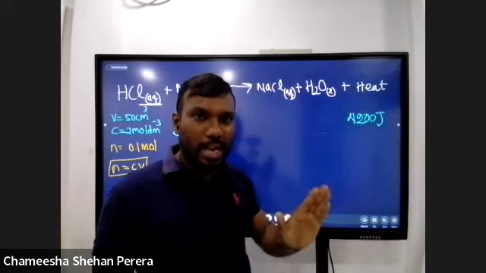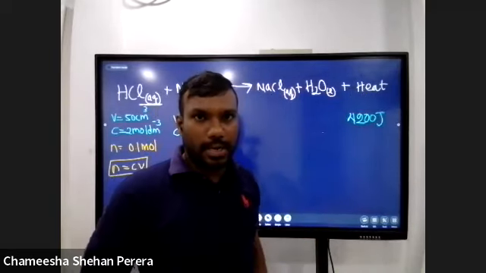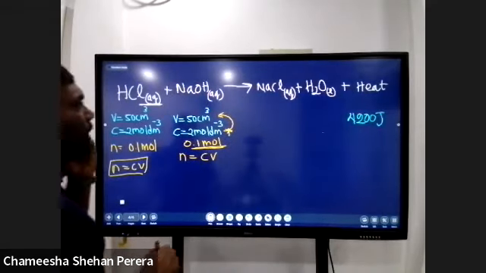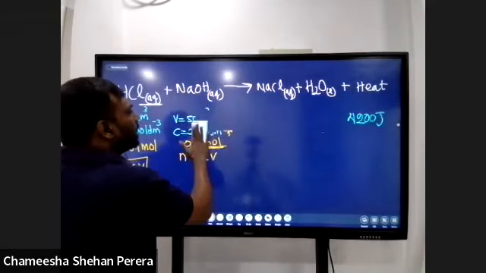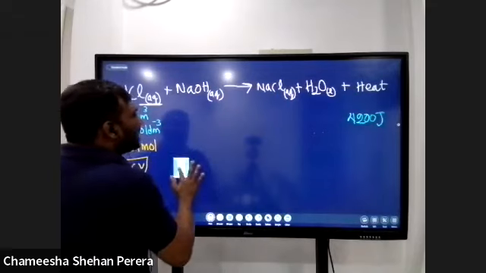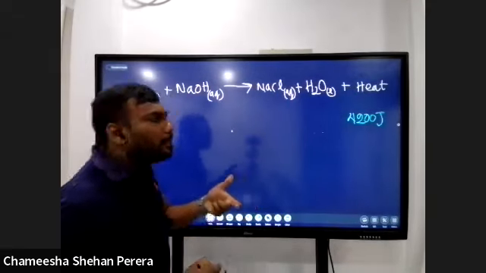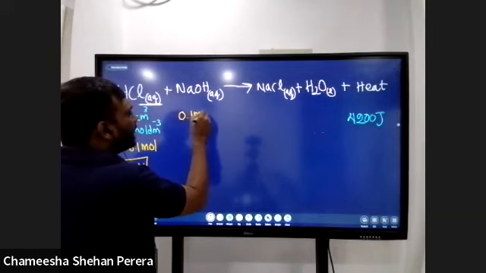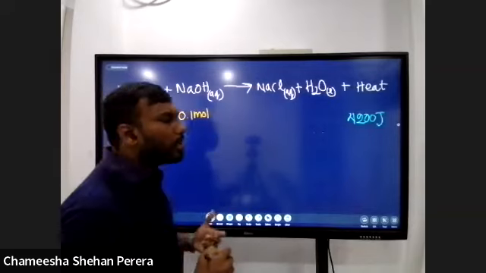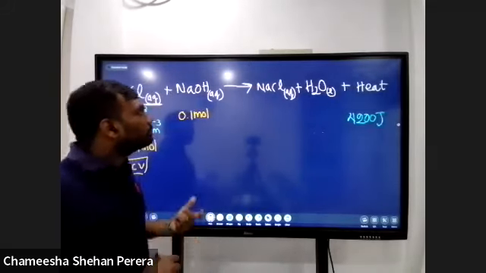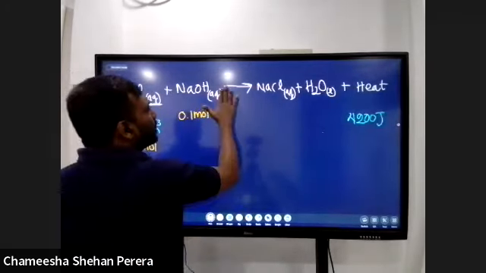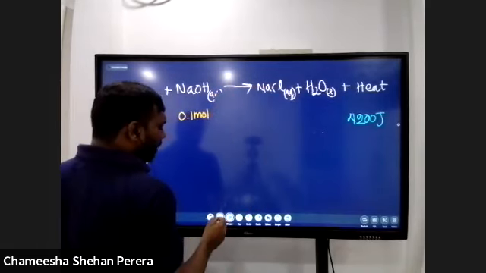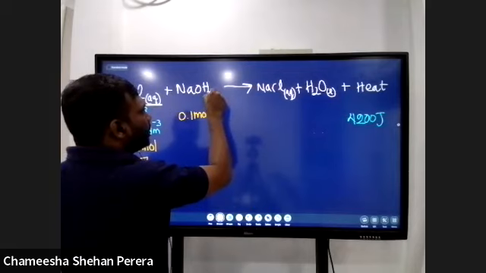Okay, so now if you are adding it as pellets, what is your basic idea? You want to add 0.1 moles of NaOH. I'm not going to add NaOH aqueous, right?